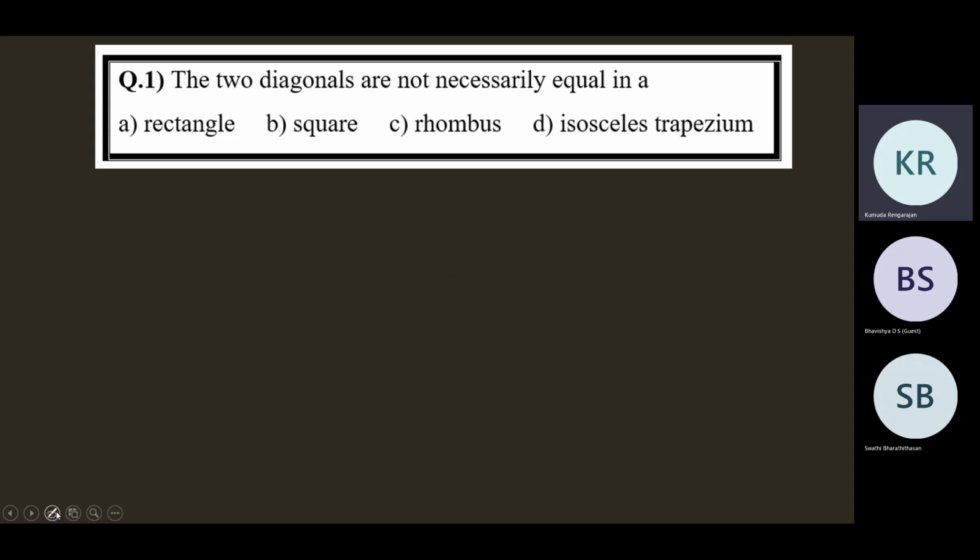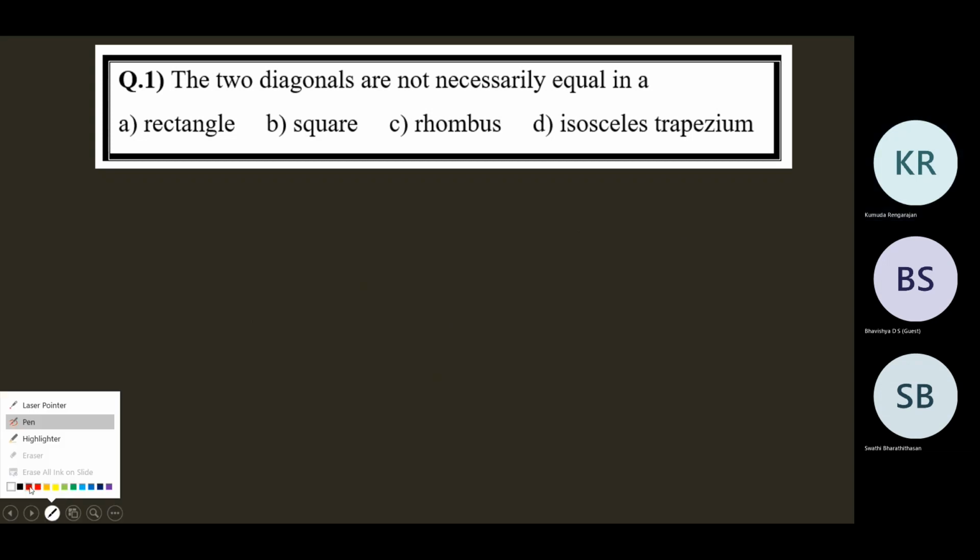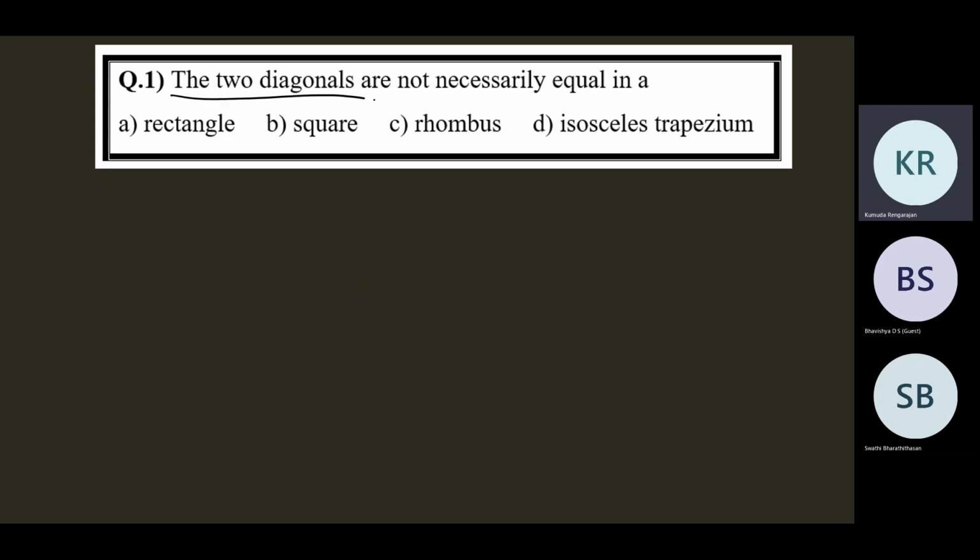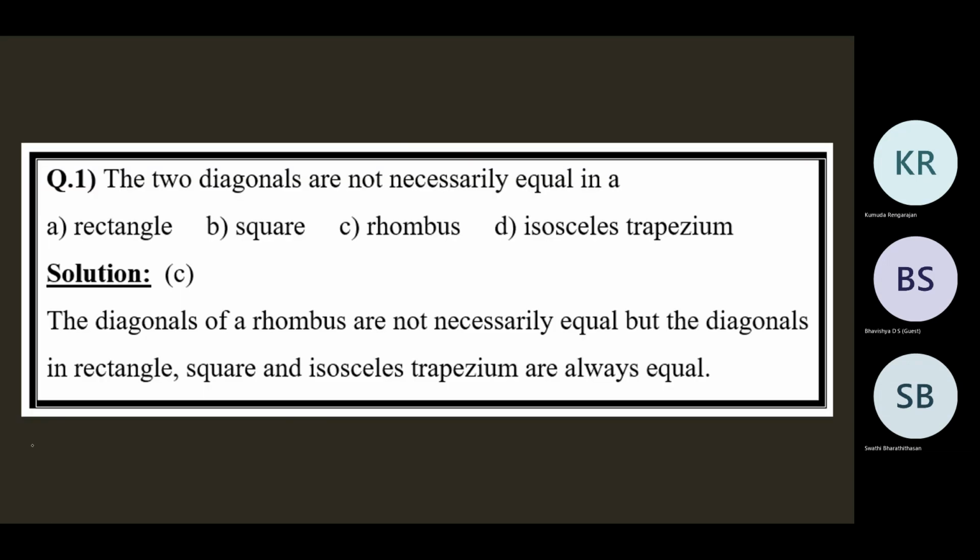So the statement is: the two diagonals are not necessarily equal in a rhombus. They need not be equal in a rhombus. Very good. What's the next one?